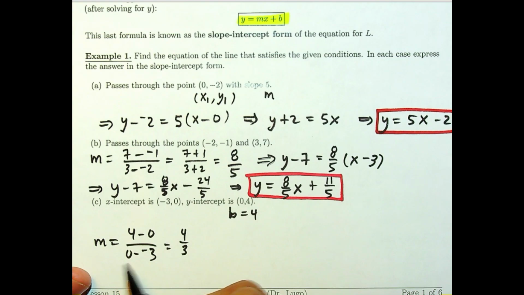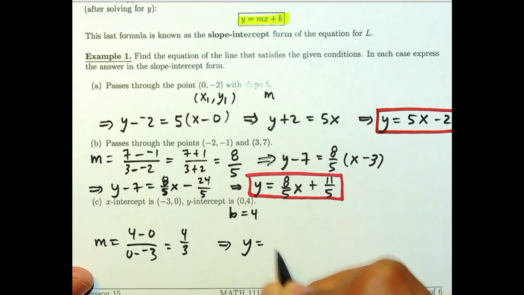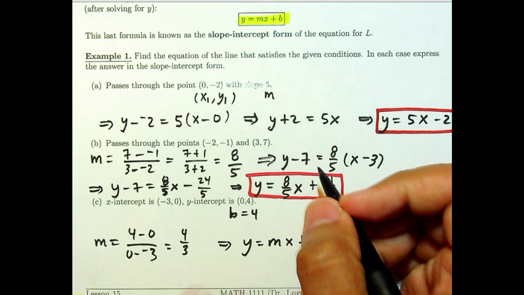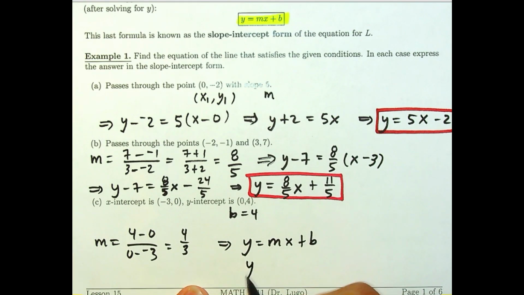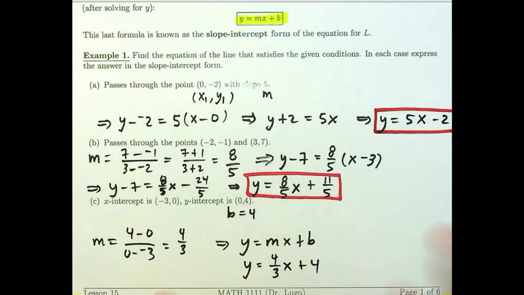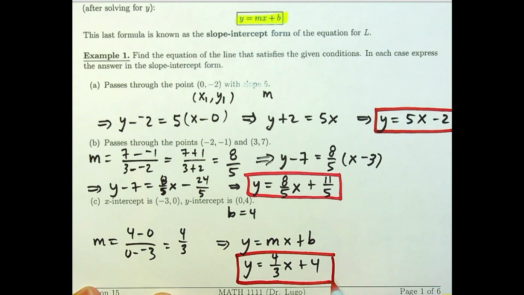And now we have both the m and the b. So that means, right, plug it in here, y equals mx plus b. We know the m, we know the b. So this is going to be y equals 4/3 x plus 4. And that is the answer for this one.